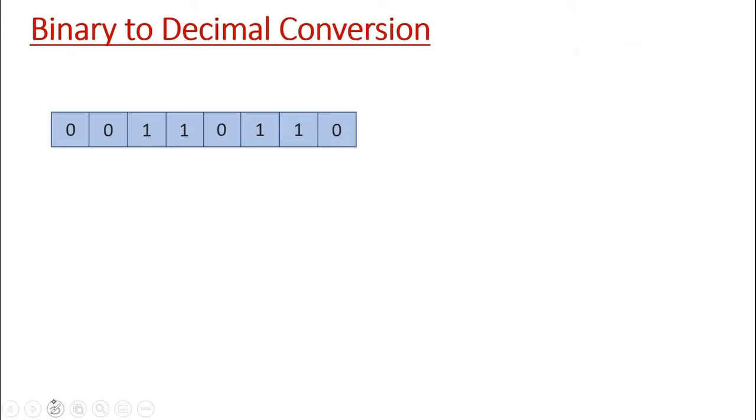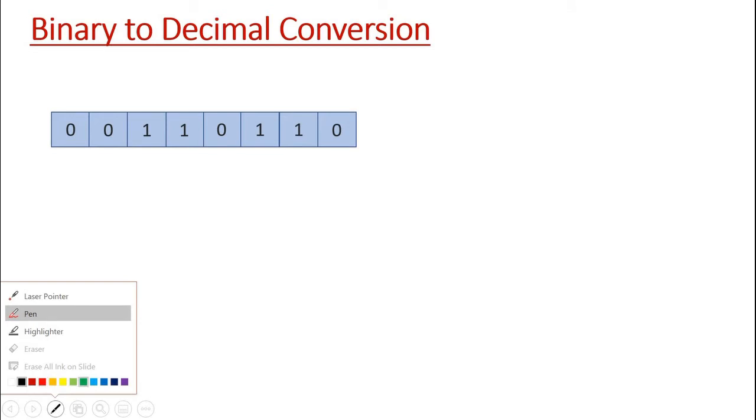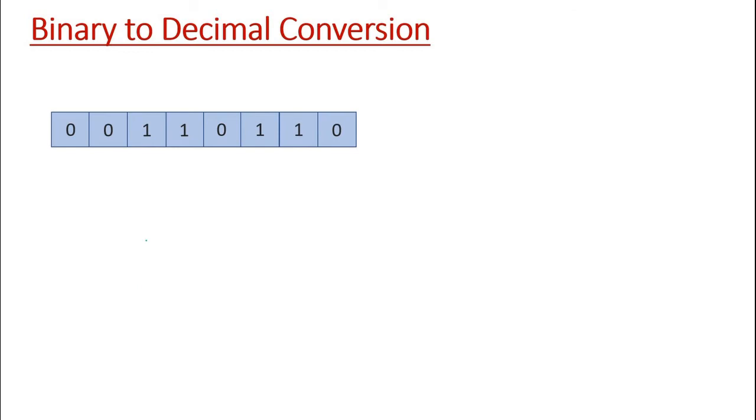Let me change to blue color. Where is blue? My blue color is always lost. Okay, here it is. So the same: this place is 2 to the power 0, this is 2 to the power 1, 2 to the power 2, 2 to the power 3, 2 to the power 4, 2 to the power 5, 2 to the power 6, and this is 2 to the power 7.